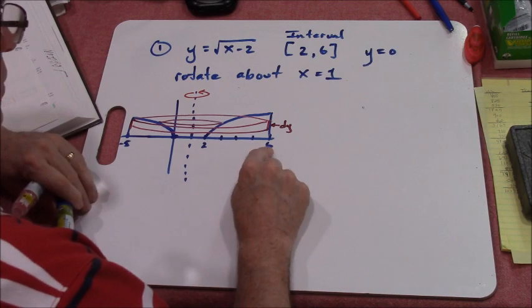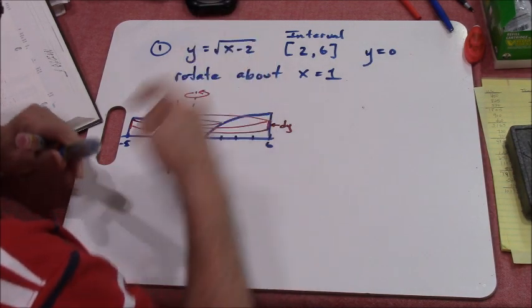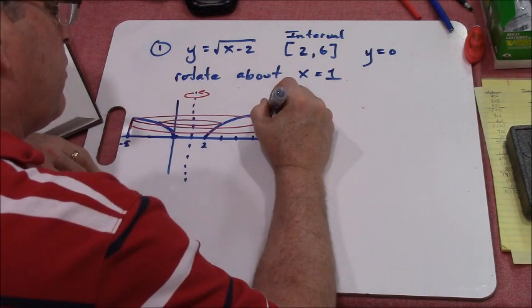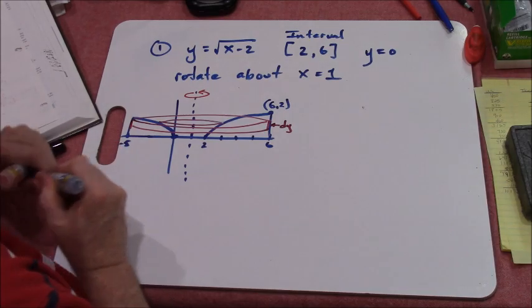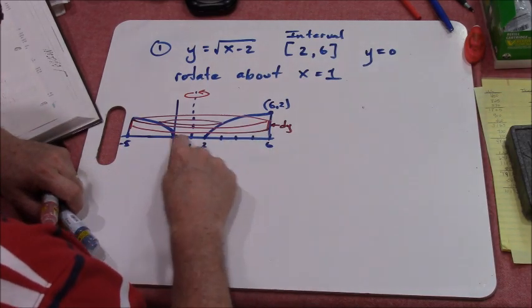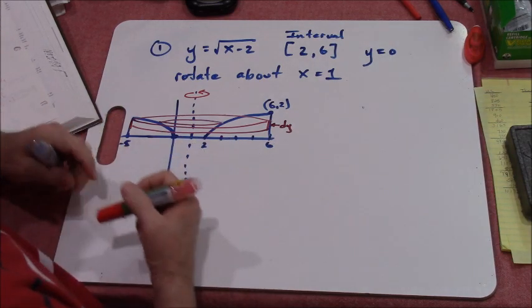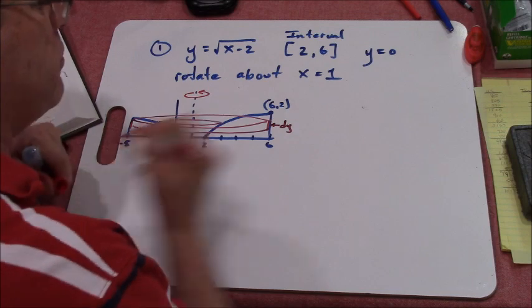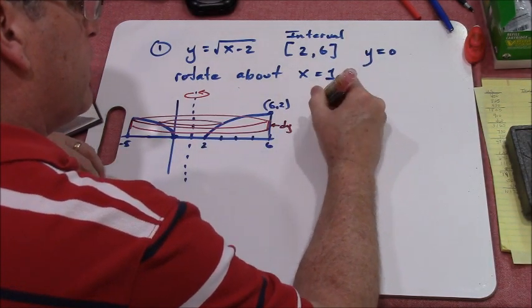So if I was to take 6 and plug that back into here, 6 minus 2, that would be 4. The square root of that is 2. So this is the point 6 comma 2. And so that means as I stack these washers on top of each other, they're going to start down here at y equals 0 and go as high as y equals 2. So I've got the integral from 0 to 2.